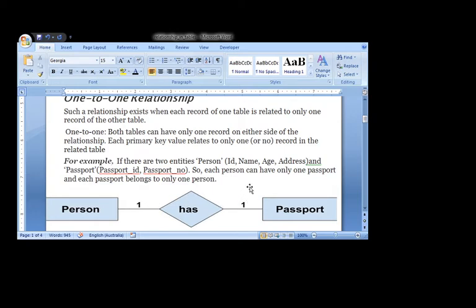The fields are person ID, name, age, address. Another table is a passport table. The fields are passport ID, passport number. Here, each person can have only one passport, and each passport belongs to only one person.